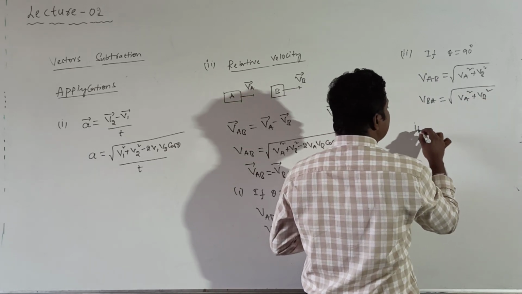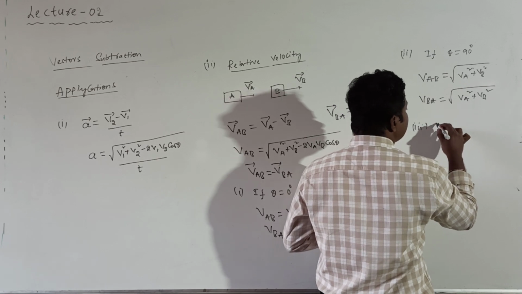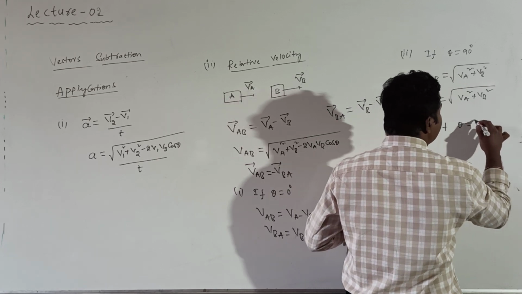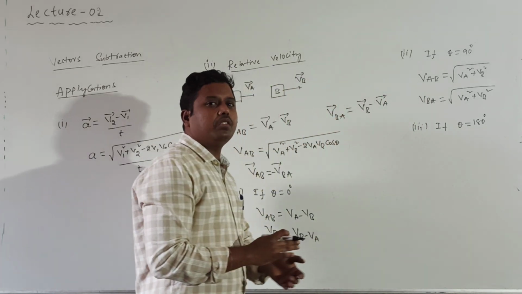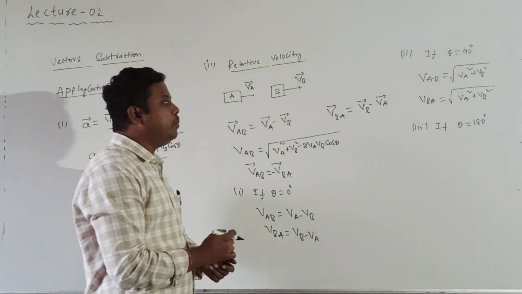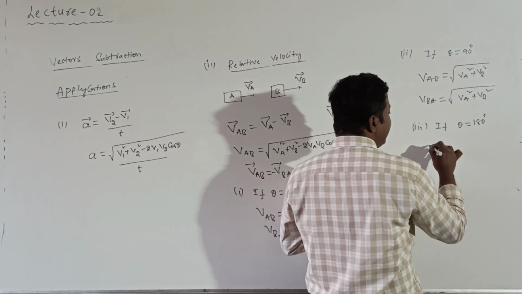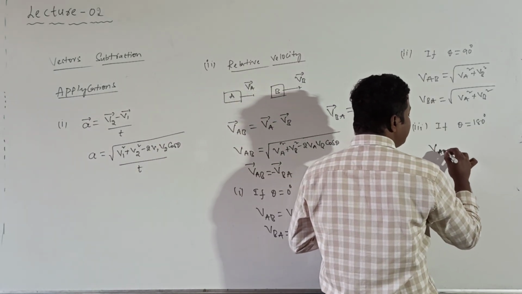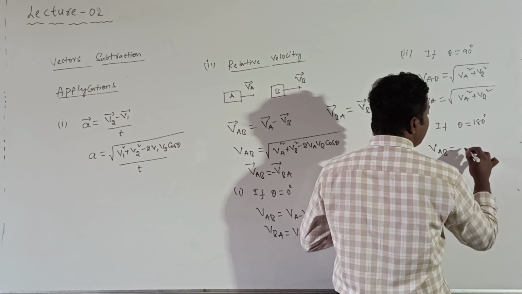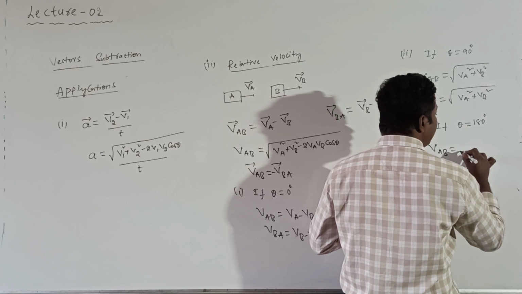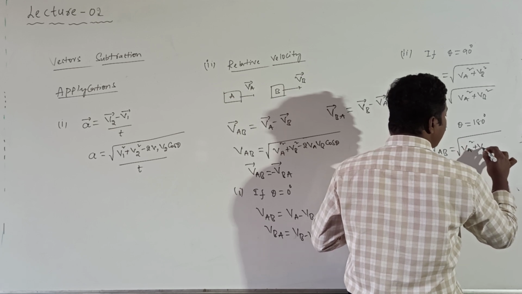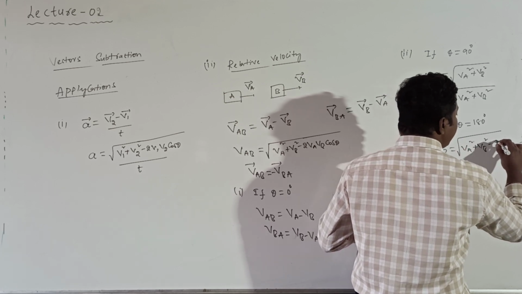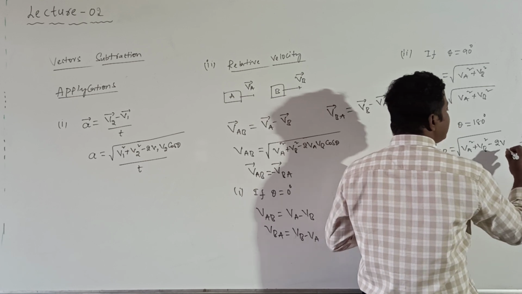Clear? Similarly, the third case: theta is equal to 180, so VA bar and VB bar are opposite. Both are moving in opposite directions. Then the magnitude of relative velocity of A with respect to B is root over VA square plus VB square minus 2 into VA into VB into cos 180.